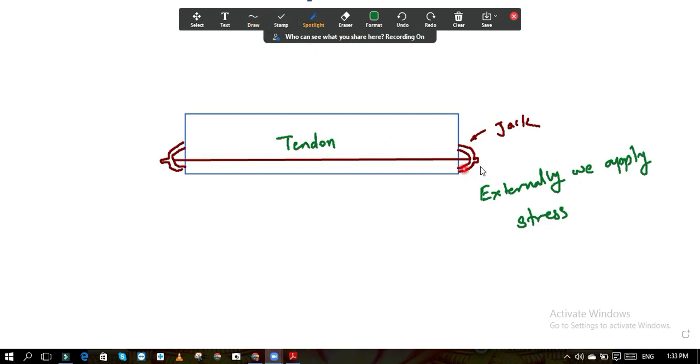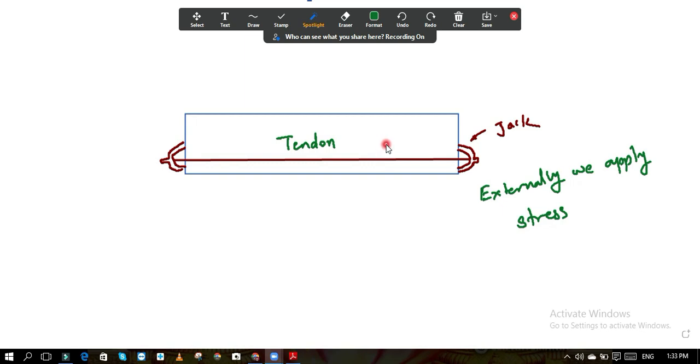Those stresses are transferred from this tendon, or this bar, to the concrete present over here. And this beam will become strong in tension as well as in compression. Both the strengths are increased due to this pre-stressing. This system is called pre-stressing.